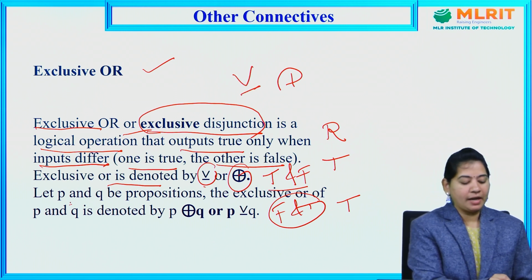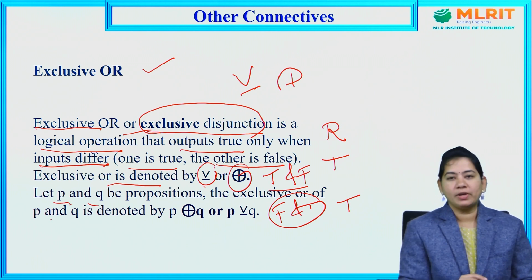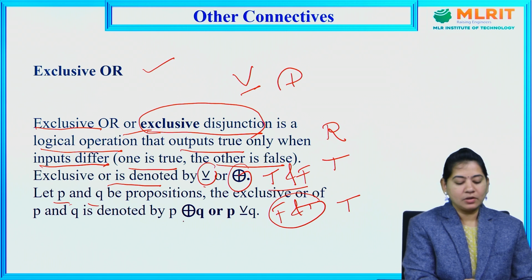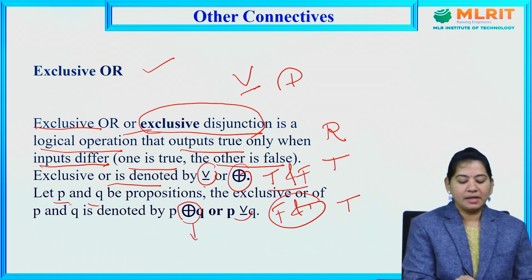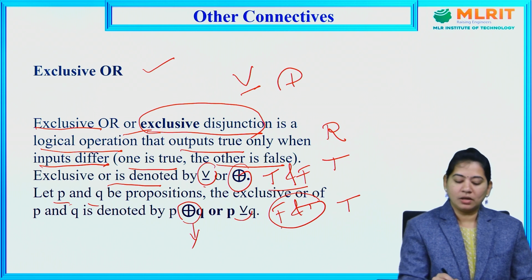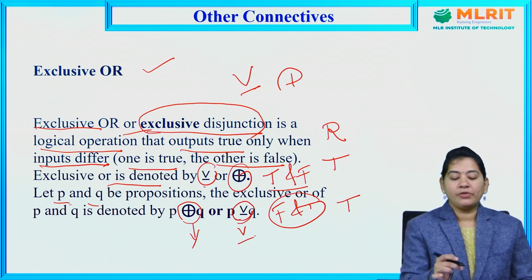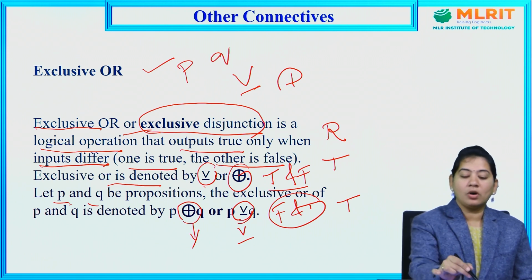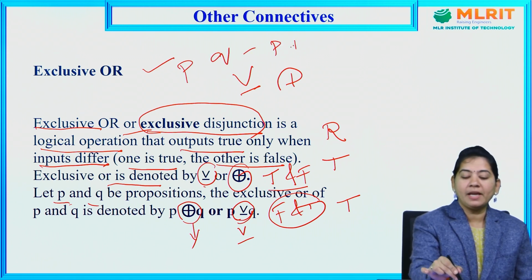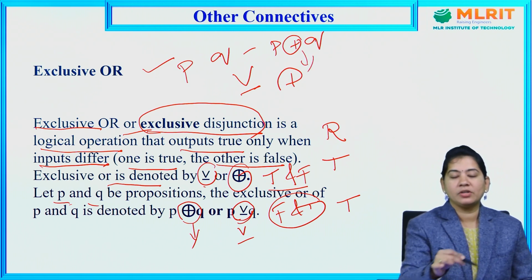Let us suppose we have 2 propositions P and Q. The exclusive OR of P and Q we write as P exclusive OR Q. We can use any symbol; it is not mandatory to use only plus with circle, you can also use OR with a hyphen. So for any 2 statements P, Q, the exclusive OR of P, Q is denoted by P exclusive OR Q. This is the symbolic representation of exclusive OR.